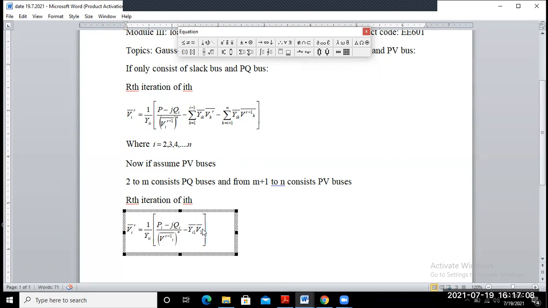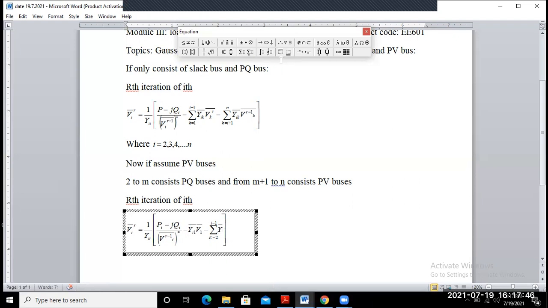So minus summation of k equal to 2 to I minus 1 of Y I k V k to the power r.